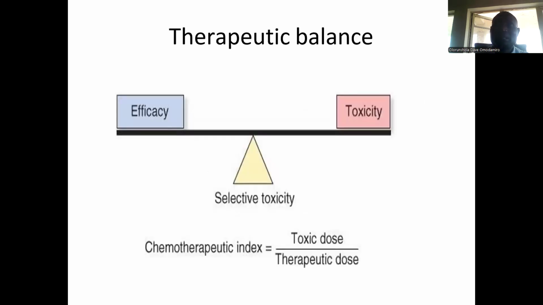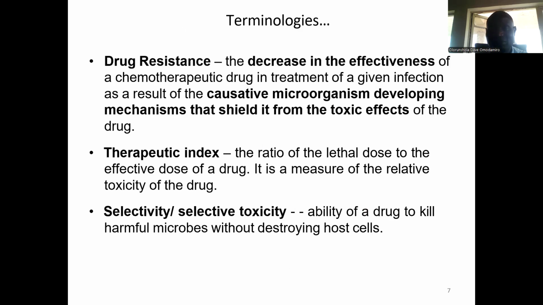These are the terminologies that you need to know, and we'll be coming across them as we discuss chemotherapy. Student, it's good for you to pay attention to this terminology. You need to memorize them, but make it part of you, because these are the issues that will be of interest even as we discuss.